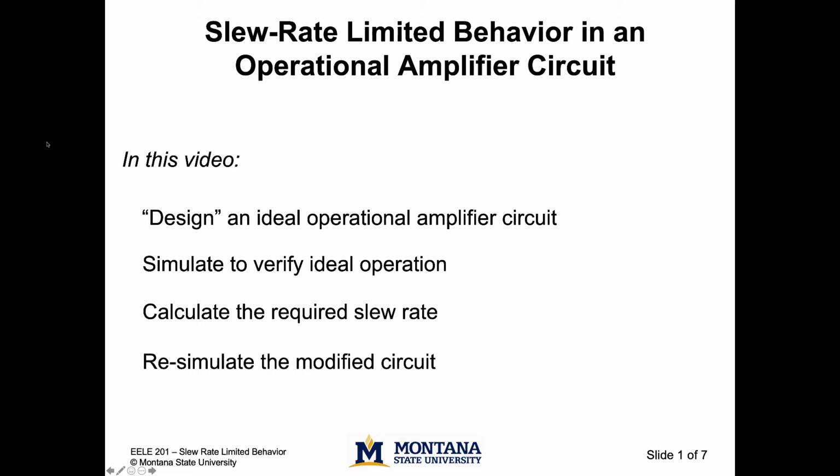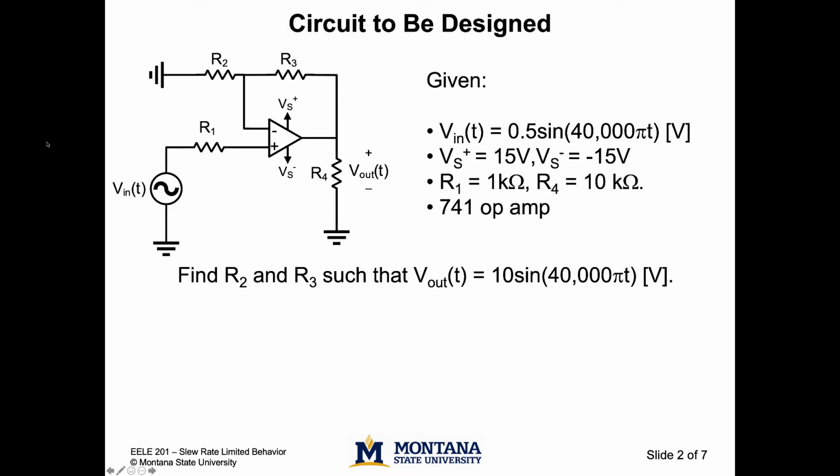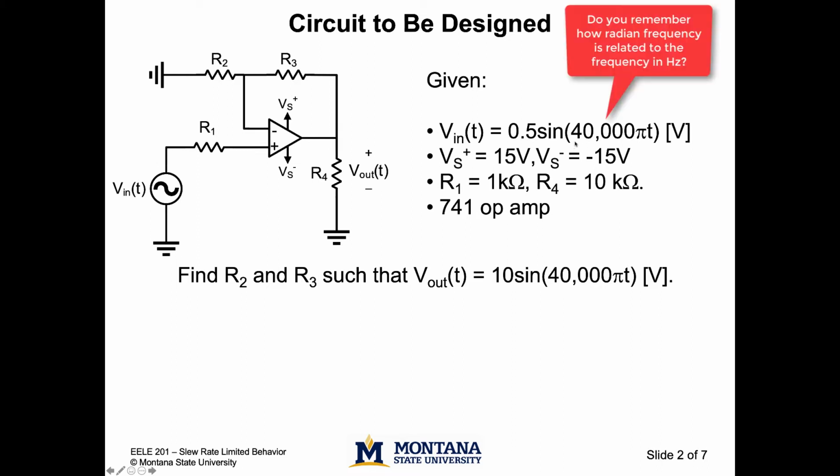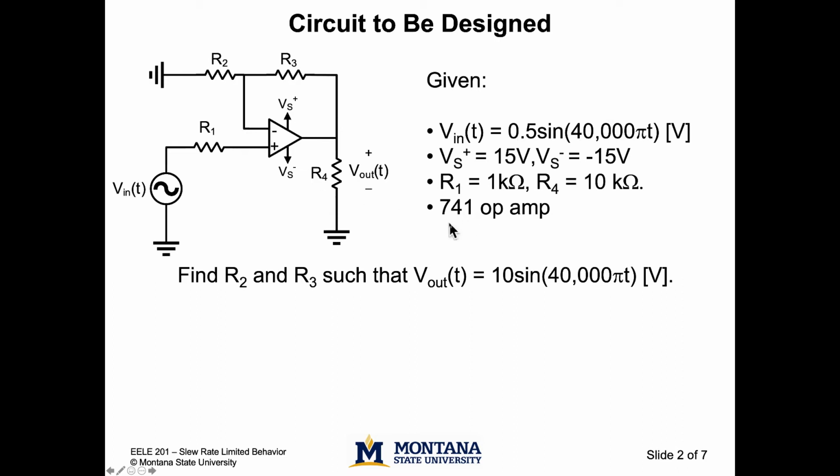Okay, so the circuit that we're going to consider is a simple non-inverting configuration, and we're given a few things. We're told that the input voltage is a sinusoid with a frequency of 20 kilohertz and an input amplitude of a half volt. We're using a 741 op amp, and it's biased with plus and minus 15 volts.